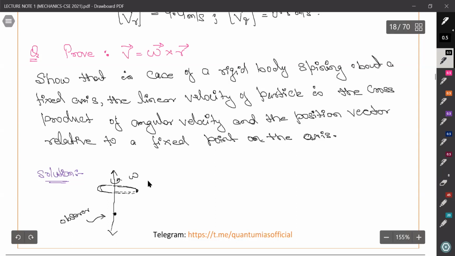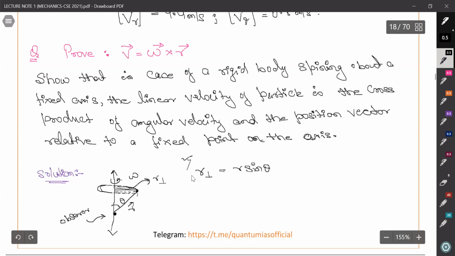Observer is here. So this will be our r vector, and if this is theta, this will turn out to be r perpendicular. And r perpendicular will be r sine theta.